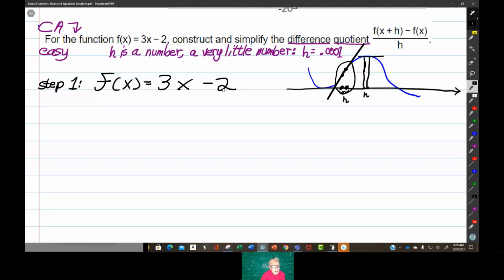That wasn't hard. Now, this is different. Step 2. We have to find this. F of x plus h.